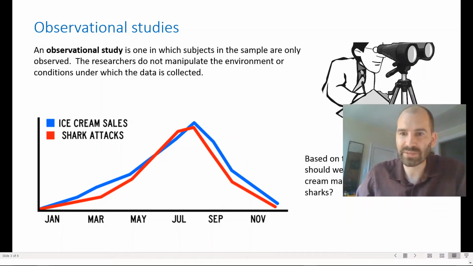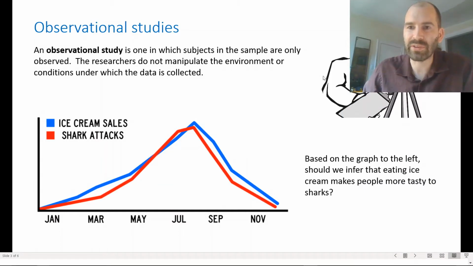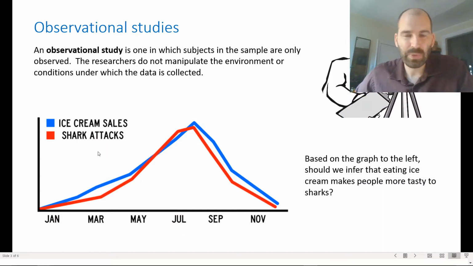And I just realized my face is in the way here for that little sentence. So we can see that as we move throughout the year, as we get to the warmer months here, both shark attacks and ice cream sales go up. And then they both drop down together. So they look like they're tied together.